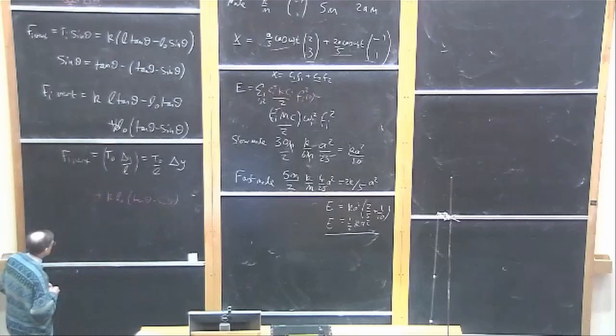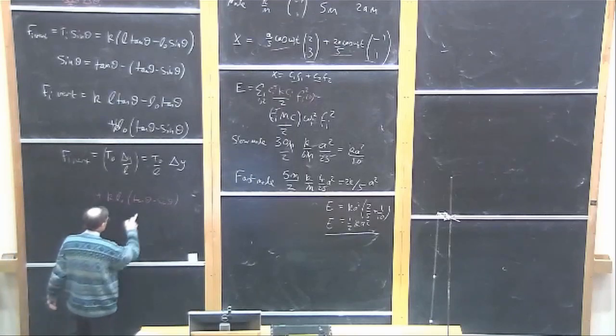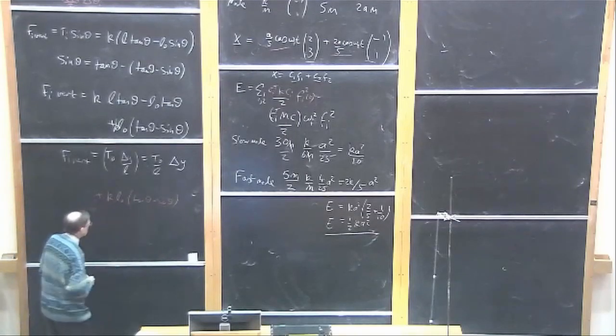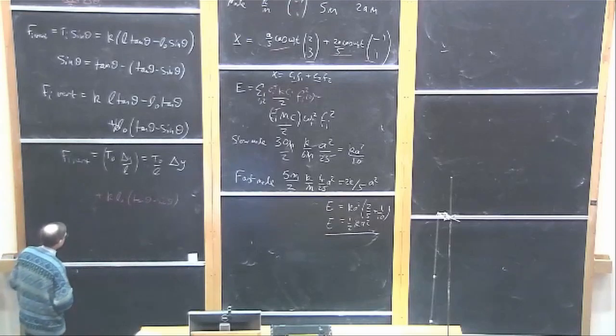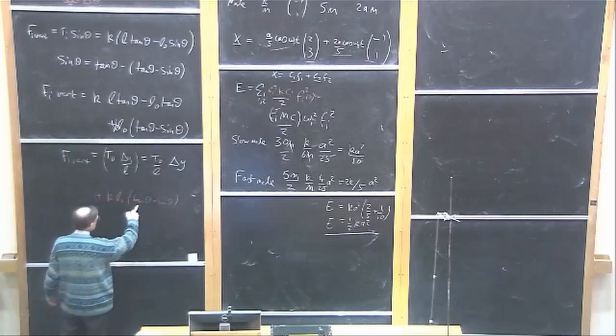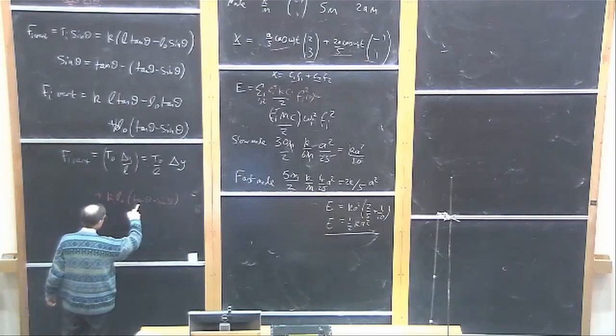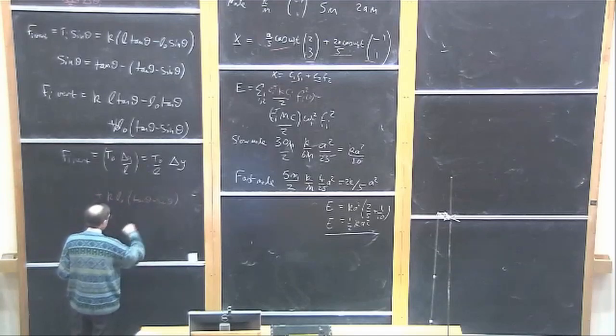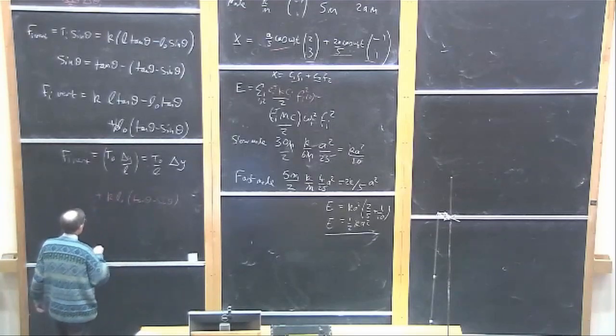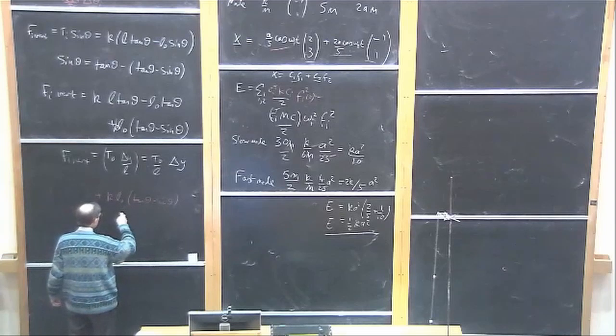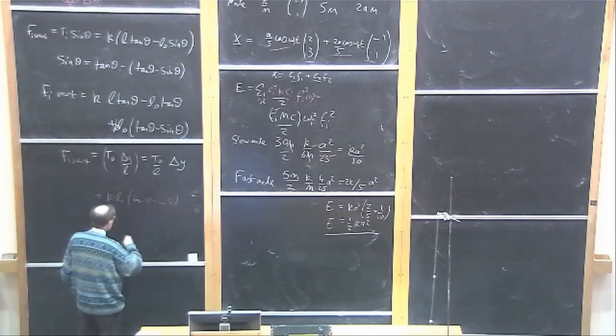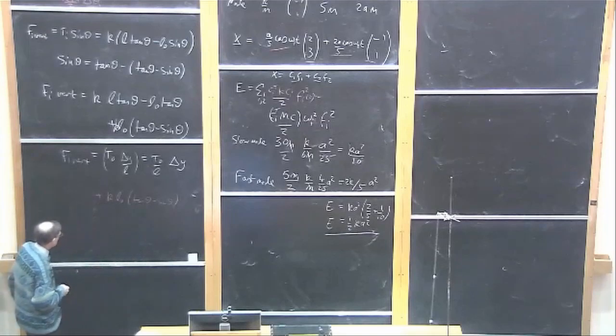I can't remember, but it's almost certainly going to be a half theta cubed. So it's something like K L naught y cubed over 2L squared.